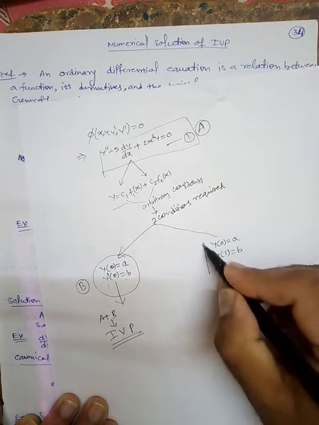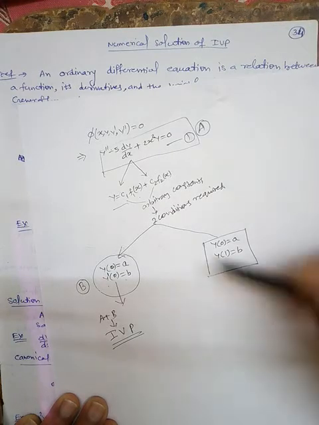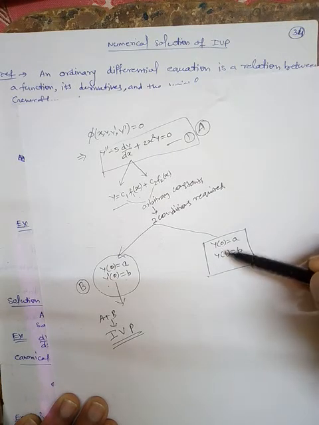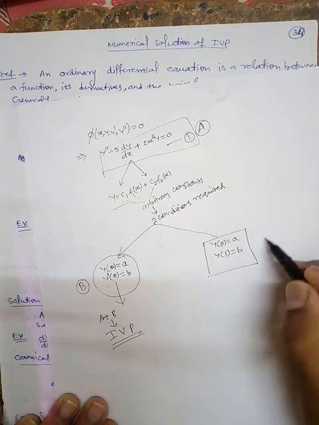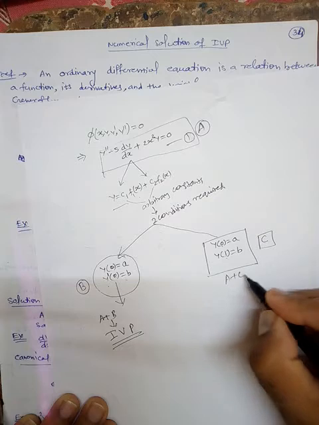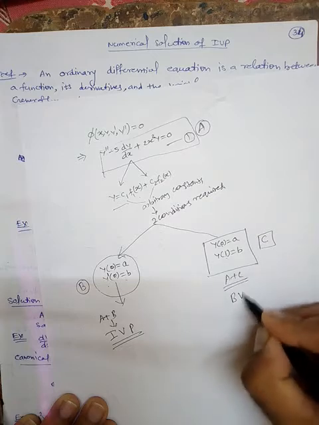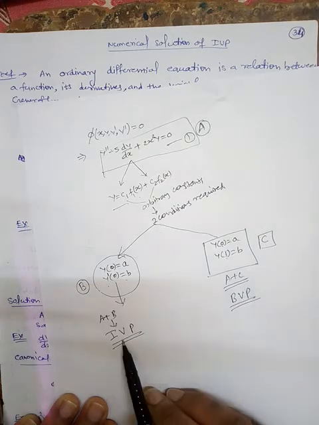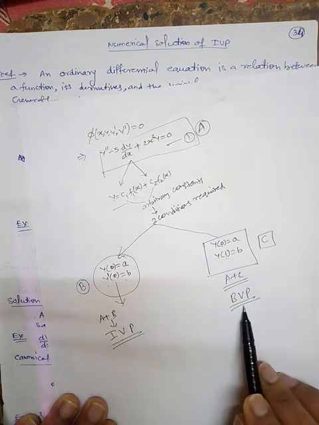However, if we have a condition of this form, both these conditions are given at different points, 0 and 1, both are different. Hence, this is a plus c, called boundary value problem. So this is initial value problem, this is boundary value problem.